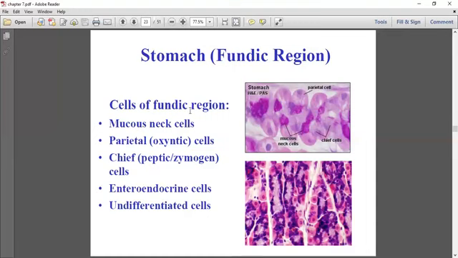Cells of the fundic region: mucous neck cells, parietal or oxyntic cells, chief or peptic zymogen cells, enteroendocrine cells, in addition to clusters of undifferentiated cells. This is the parietal or oxyntic cell, pyramidal in shape, large, with a large round centrally located nucleus.